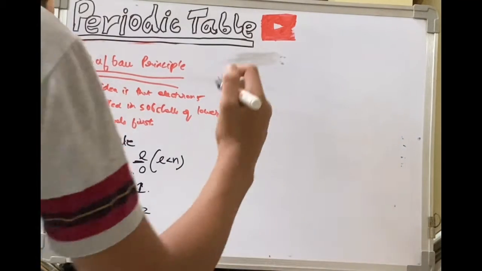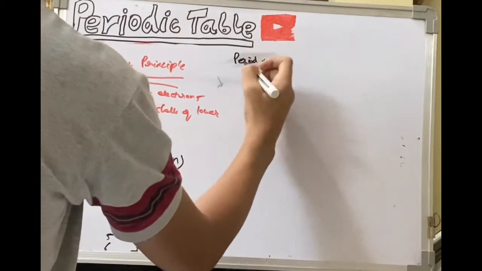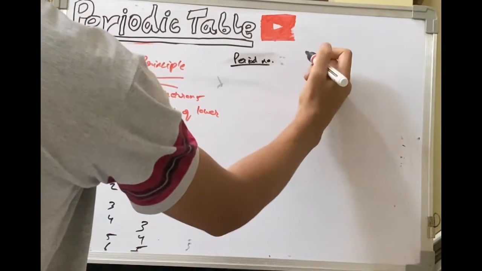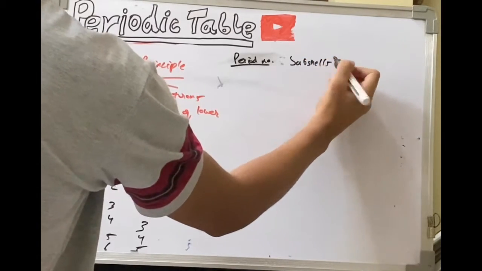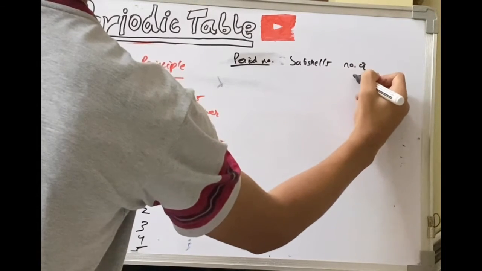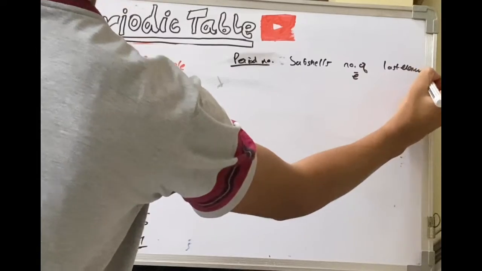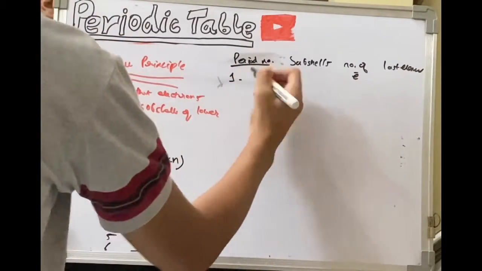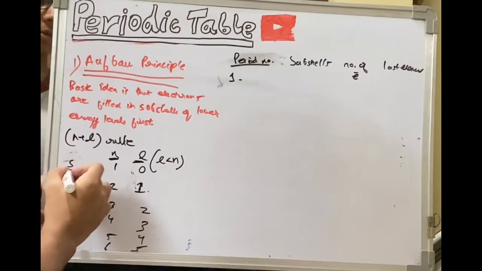So we just draw a table here: period number, subshells, and number of electrons it can hold. Last element also, right, of each period. Okay, so for the first one, only s is compatible over here, right?